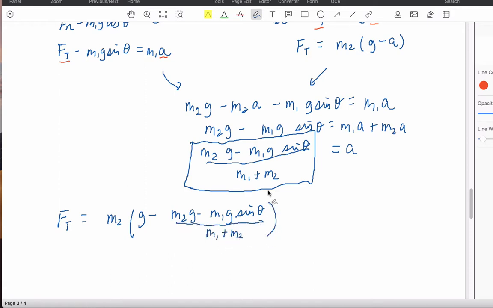And now what I'm going to do is we're going to get some things on a common denominator. Oh, yes, we are. So here we go. We're going to say m2 times, I'm going to make this thing here m1 plus m2 g over m1 plus m2, okay, minus m2g minus m1g sine theta over m1 plus m2.